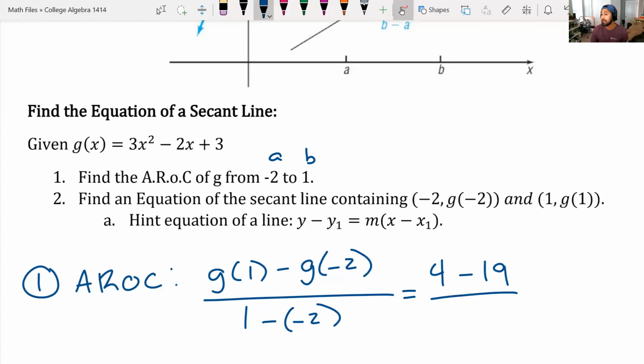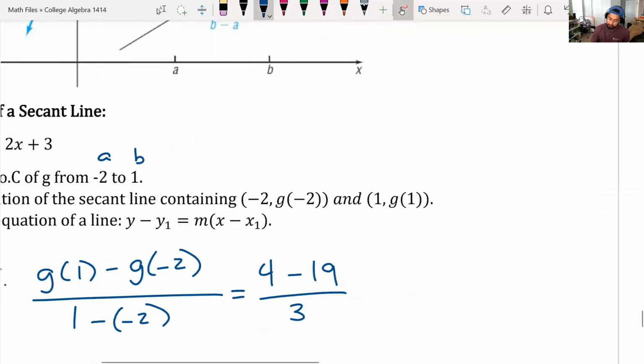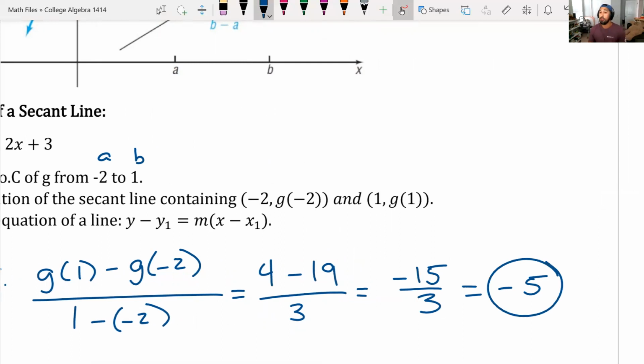Over 1 minus -2, 3. This will give me -15 over 3, which gives me -5. Okay, so what we're saying is that the average rate of change from x equal -2 to x equal 1 is -5. This is also the slope of the secant line.